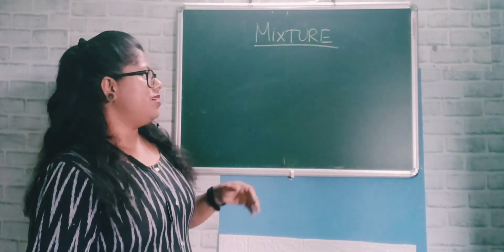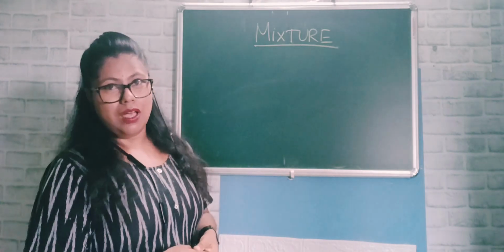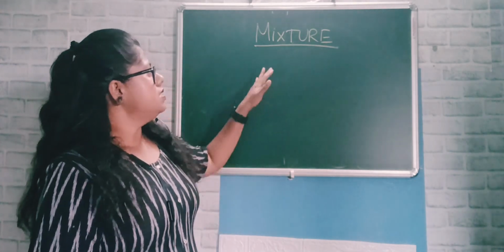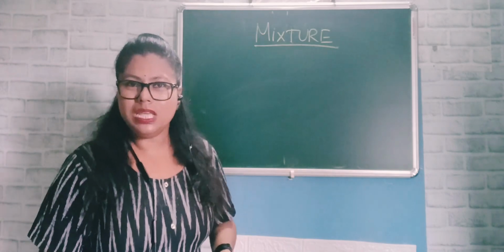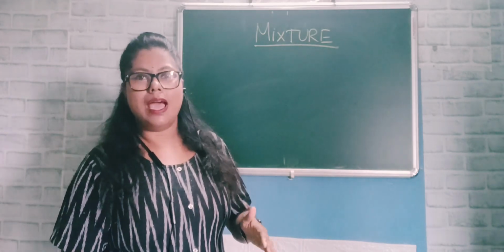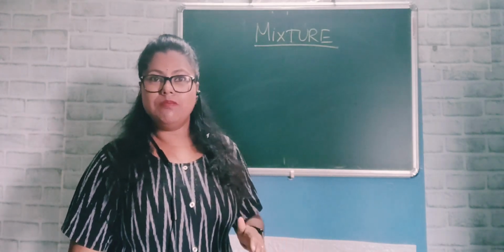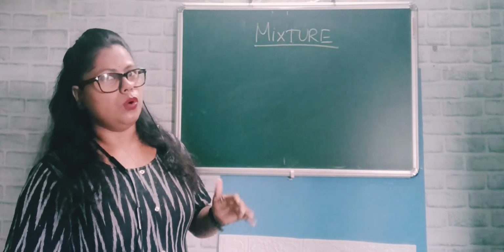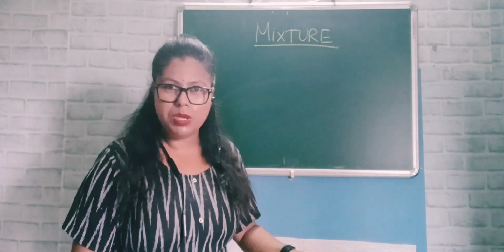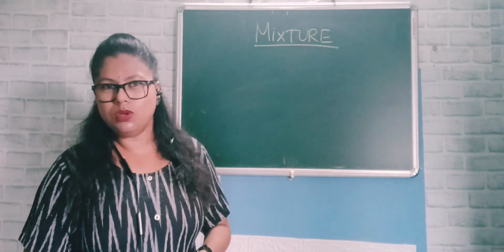Now we are at the end portion of our discussion, which is mixture. At the beginning of the video I told you that matter can be pure and it can be impure. So mixture is not a pure substance. Why is it not a pure substance?